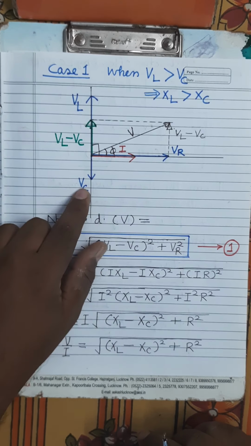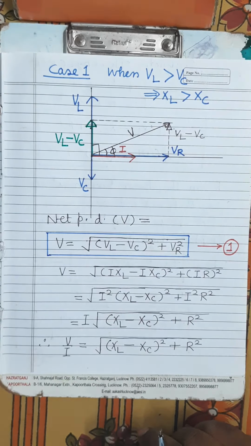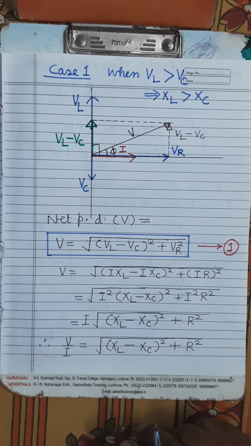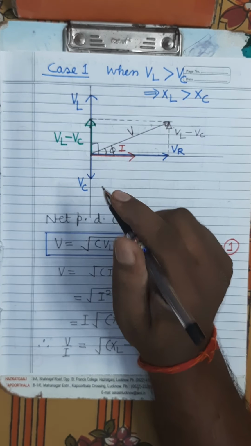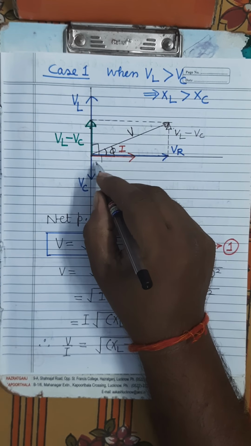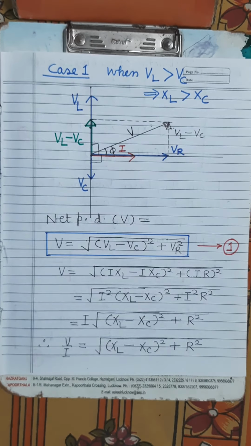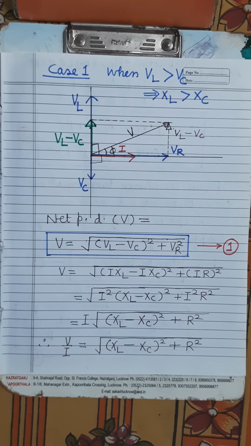Similarly, VC lags behind the current by a phase angle of 90 degrees, so the phasor of VC is drawn in the clockwise direction from the current's phasor.